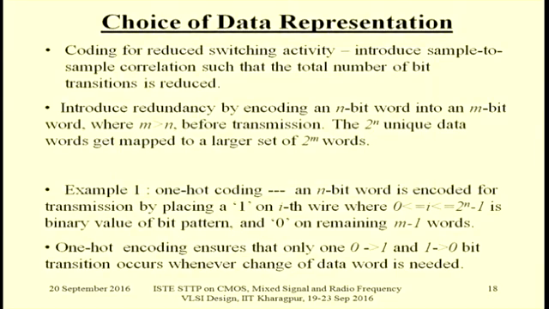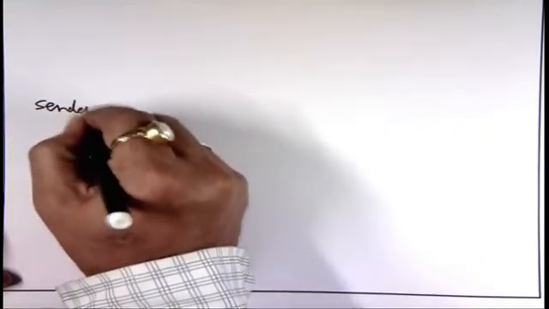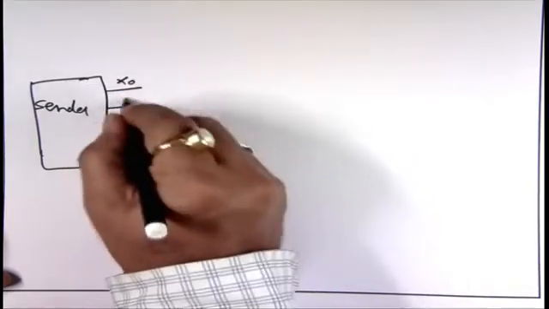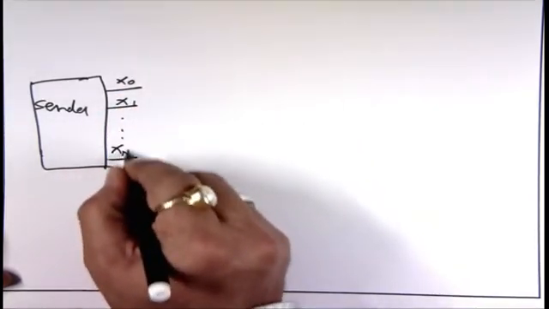Next, what we do is the choice of data representation. In general, if a chip is sending data to another chip, suppose an n bit data is sent from a sender, say x0, x1 up to xn minus 1.